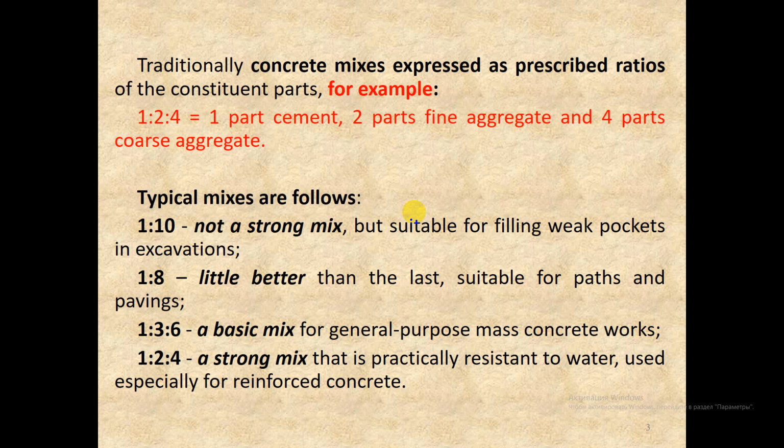Traditionally, concrete mixes are expressed as prescribed ratios of the constituent parts. For example, 1 part cement, 2 parts fine aggregate and 4 parts coarse aggregate.